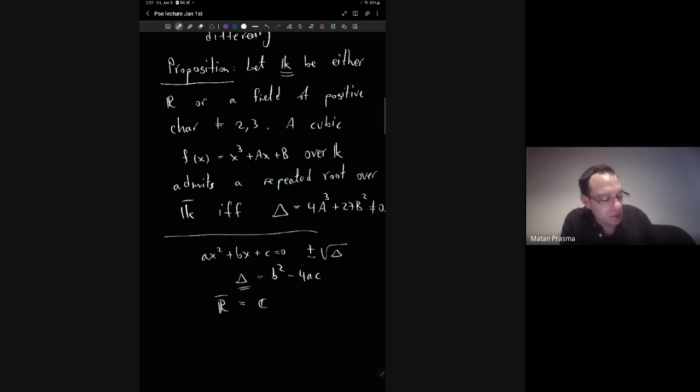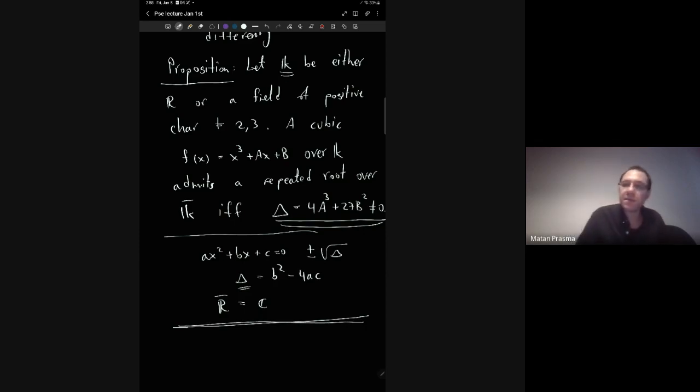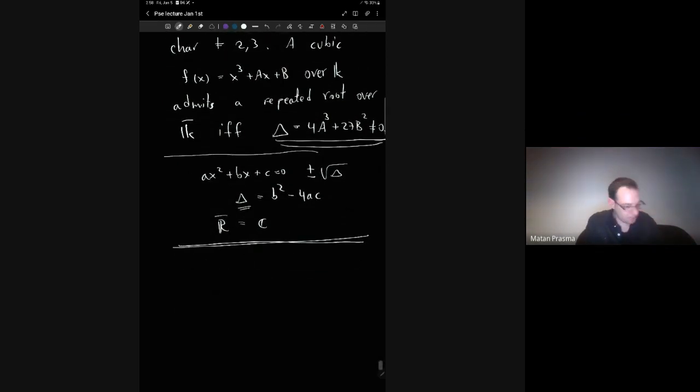And the condition that delta is non-zero is completely equivalent to the condition that the roots in the algebraic closure have no repetition. Is the statement of the proposition clear? All right. So the proof is very simple.